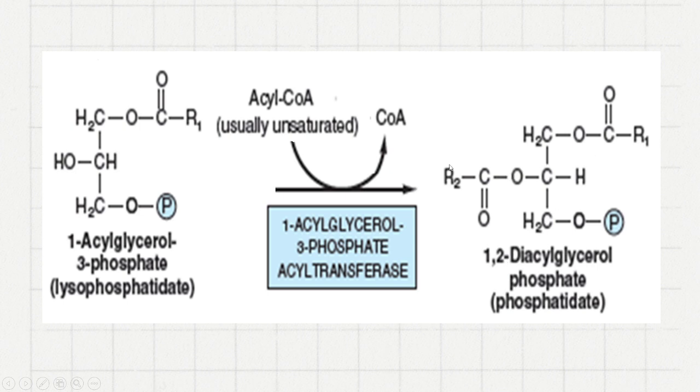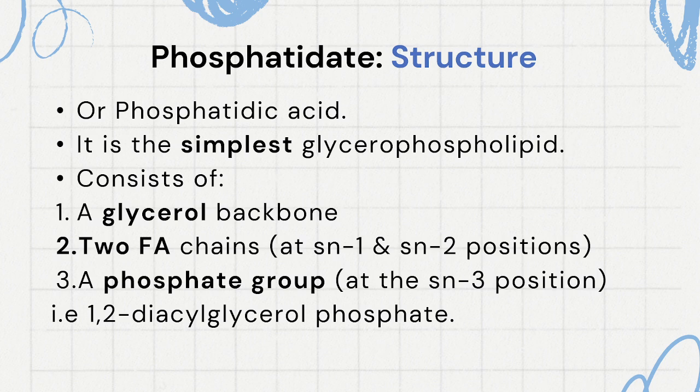R1 and R2 refer to the acyl residues, the fatty acids that are now being linked to the glycerol backbone. And the structure of phosphatidate, phosphatidate is also, of course, a phosphatidic acid.